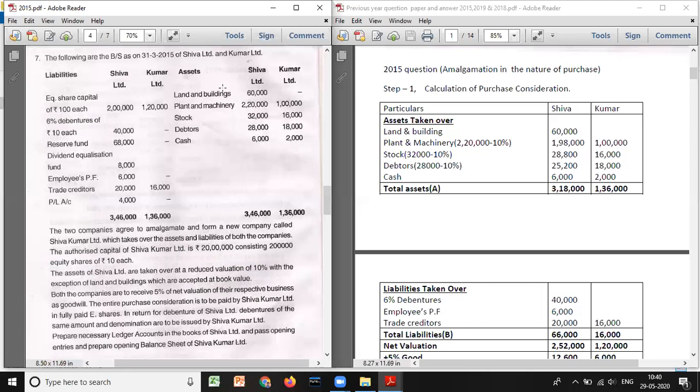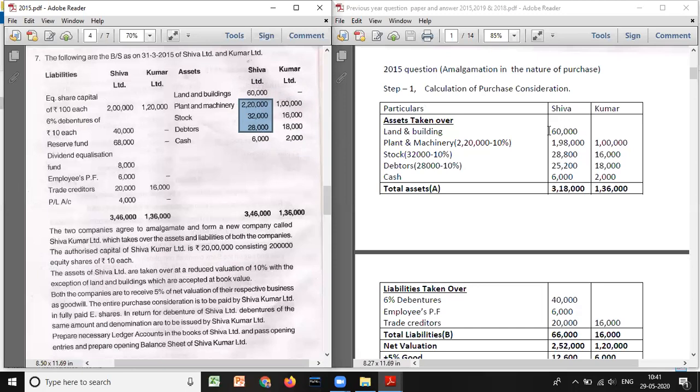See, Shivakumar Limited, that is the purchasing company, is taking over all assets of both the companies, correct? Land and building, book value only they are taking over, but all other assets, that is 3 assets, will be taken over at 10% less; cash cannot be reduced. So these 2,20,000, 32,000 and 28,000 will be taken over 10% less.